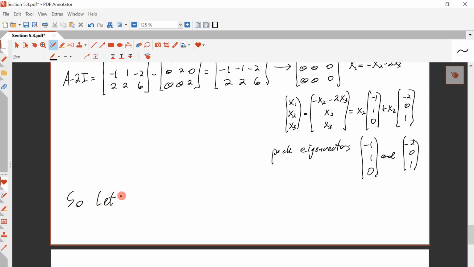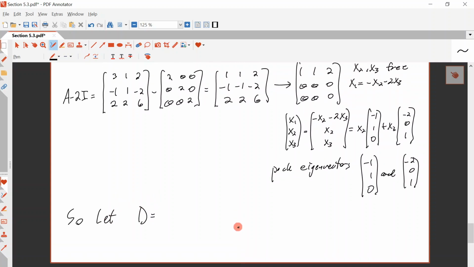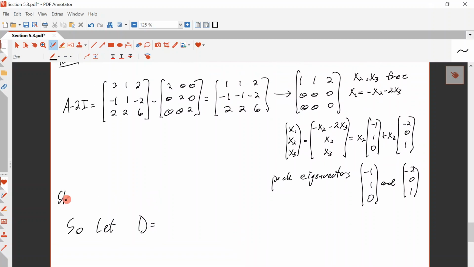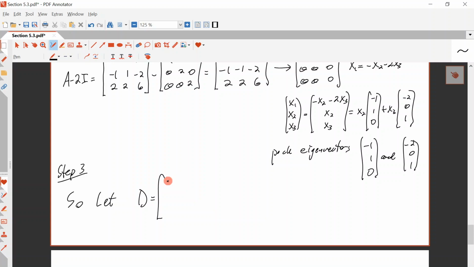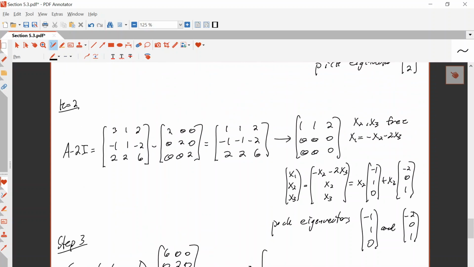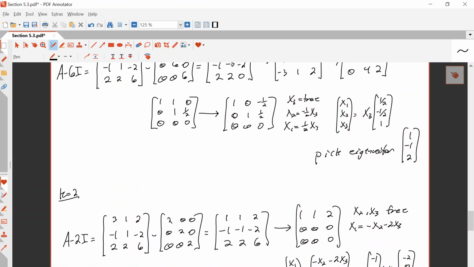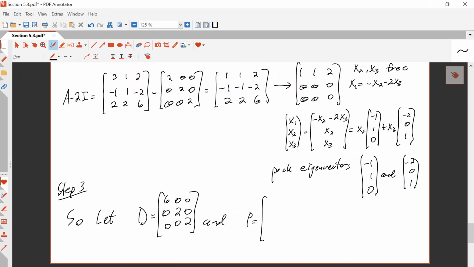So step 3, let D equal the diagonal matrix 6, 2, 2 along the diagonal, and let P be equal to, so the eigenvector for the 6 is 1, negative 1, 2.